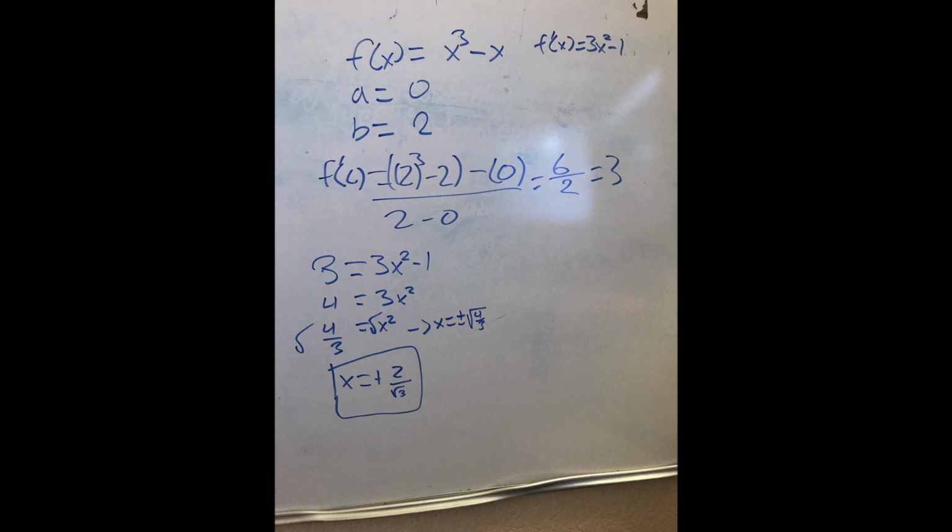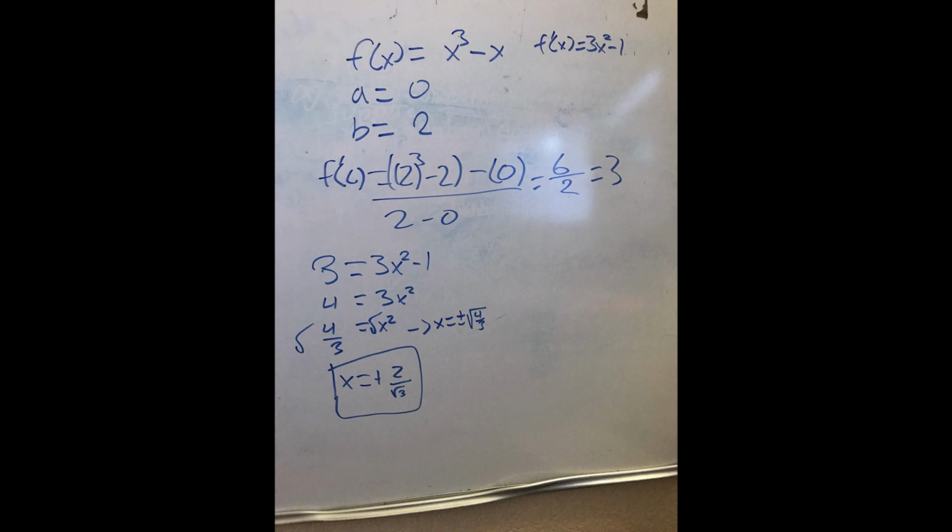As we go through the math, we bring that 1 over and get 4 equals 3x squared. Divide by 3, we get 4 over 3 equals x squared. Then we take the square root of both sides, which leaves us with x equals plus or minus the square root of 4 over 3, which simplifies to x equals plus or minus 2 over root 3.